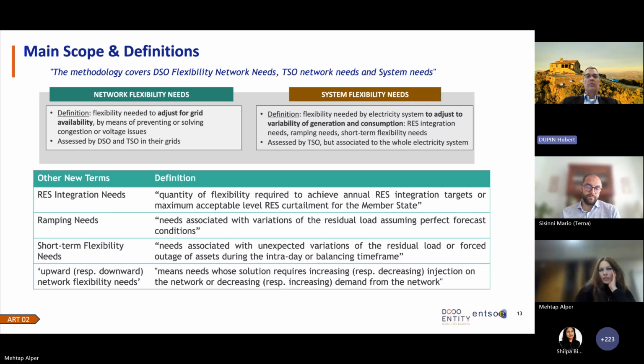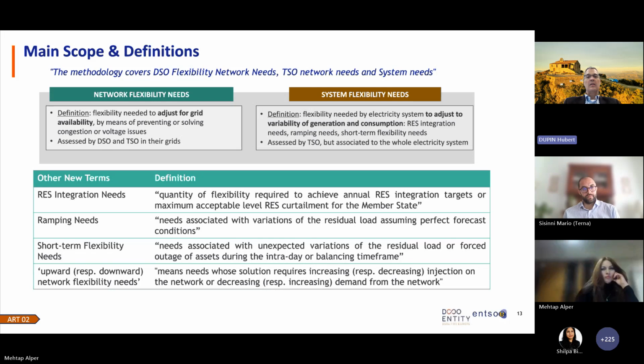So indeed, you have here the definitions of network flexibility needs and system flexibility needs. Those definitions are inspired by the definition of flexibility in the package of the electricity market reform. So we tailored it for network flexibility needs.